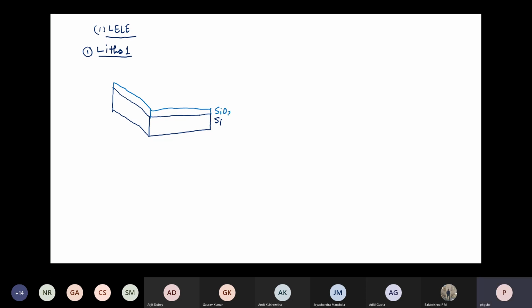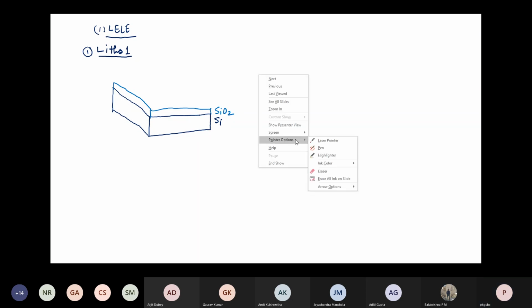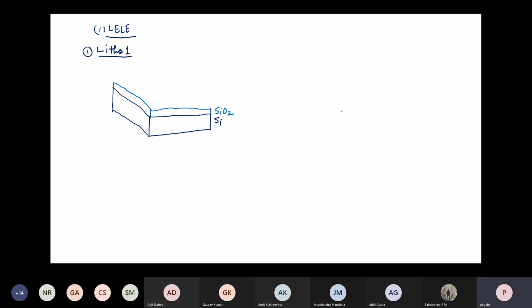This is my SiO2. And this is my silicon nitride.